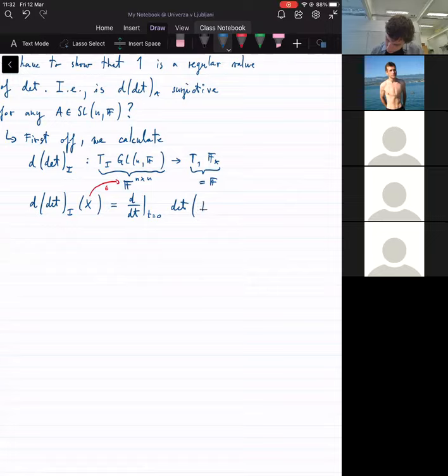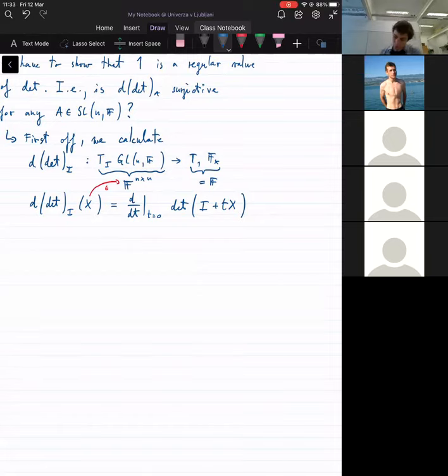So this is now nothing else but I plus tX. I plus tX is a smooth path in our domain, in GL n F. In a neighborhood of t equals 0, we are going to end up in GL n F. So taking the determinant map and taking the derivative at 0 with regards to t, we are going to get to our desired differential.